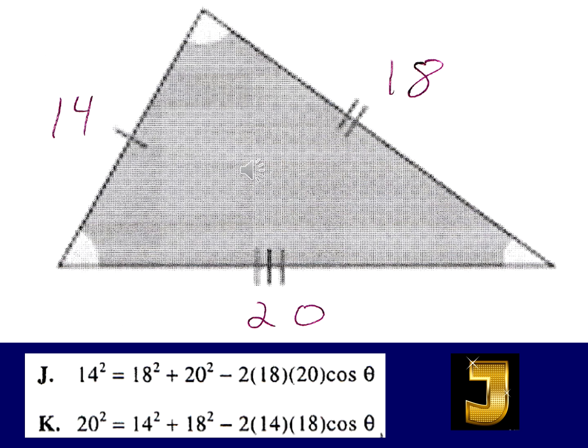So since we're trying to find the smallest angle, we've got to match it up with the shortest side. And that's why 14 has to come first when we do this. And the only one that's left is going to be J, so 14 squared. The middle part you fill in with the other 2 sides, doesn't matter in which order. And then we have cosine theta at the end. So yeah, J is going to be the right answer.